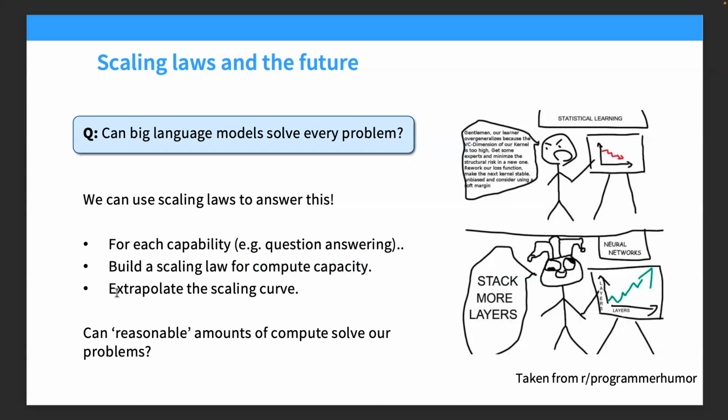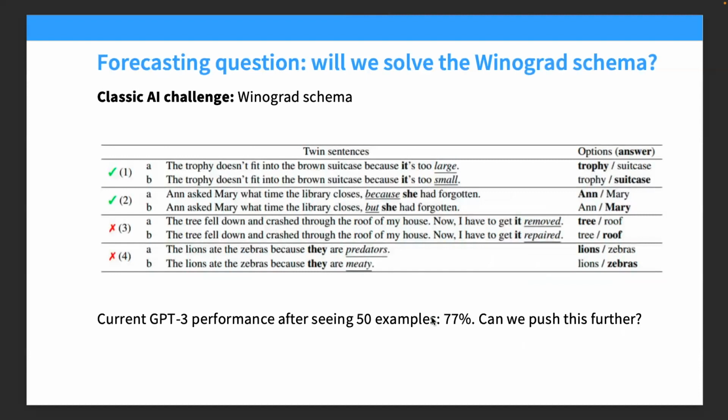And then we can extrapolate the scaling curve to predict what the performance will be like, say if we invest more resources in compute, or grow the model even larger. Can it get us better performance for this capability or task? So here is an example, right?